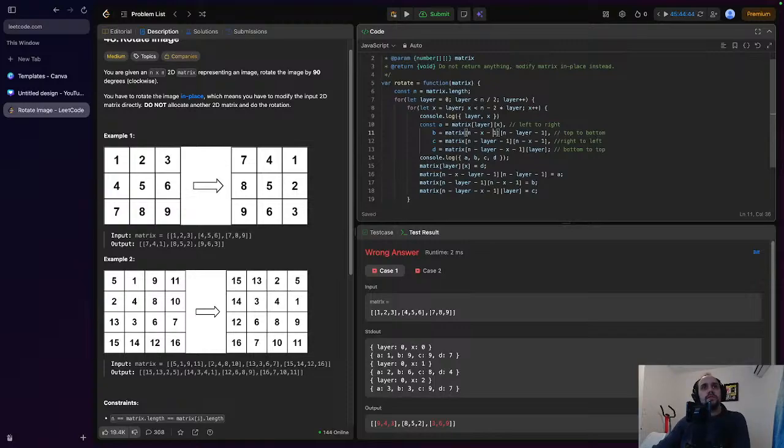So it'd be Y is 2. So actually, this is layer. No, it's X. It's top to bottom. But why is it N? It's not N. This is the Y. This is X. It's just X.